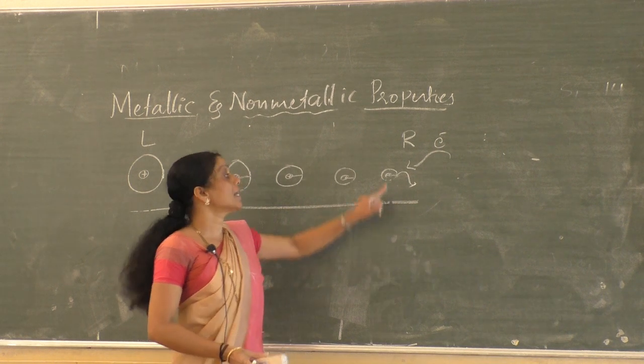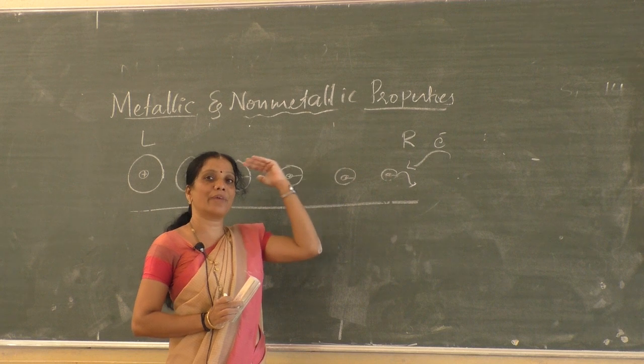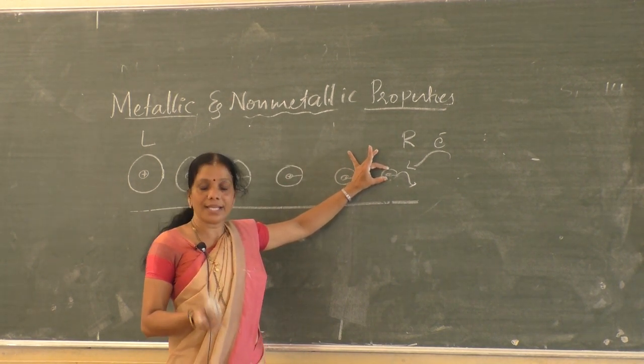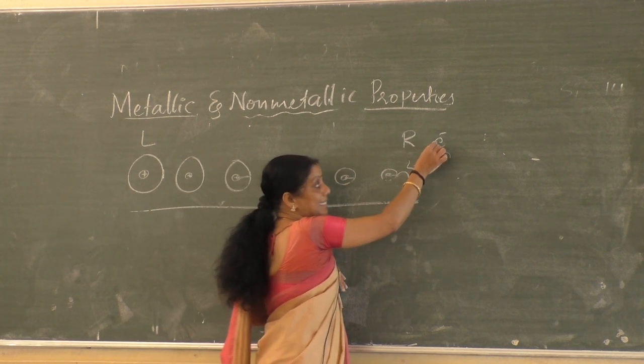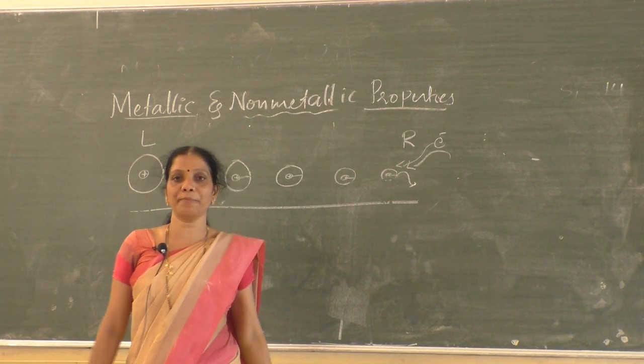Because the attractive force by the positive particle, the nuclear force of attraction, is very high, the tendency to gain the electron is high. What is that tendency called?